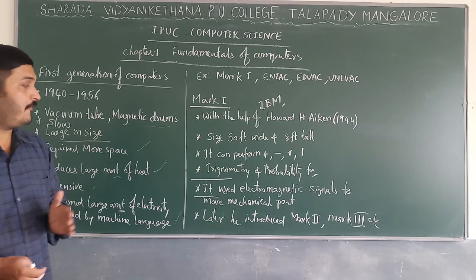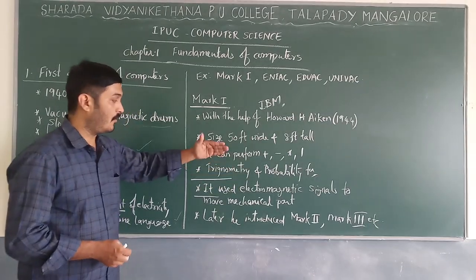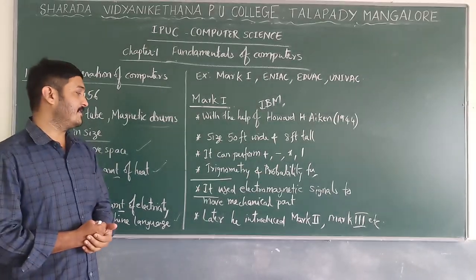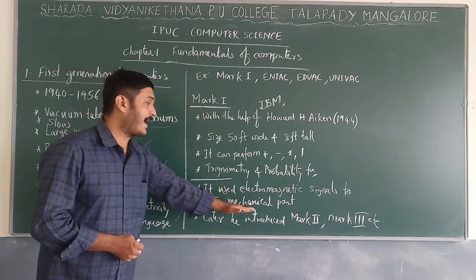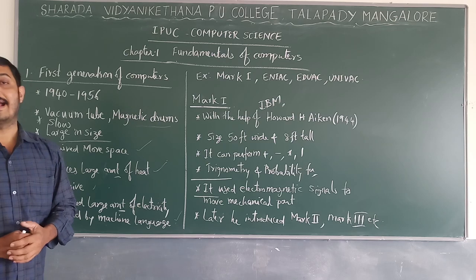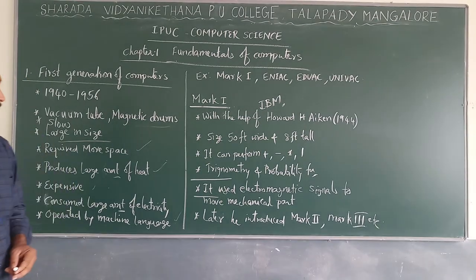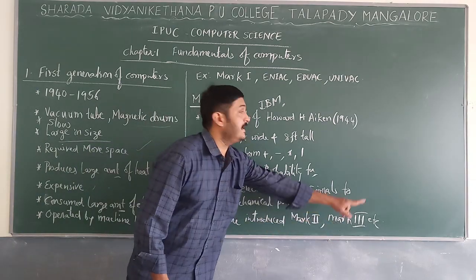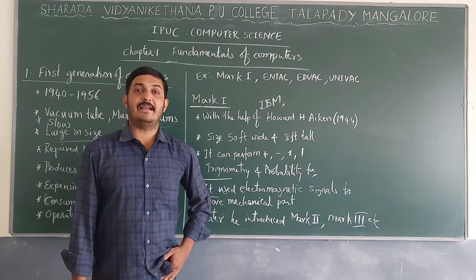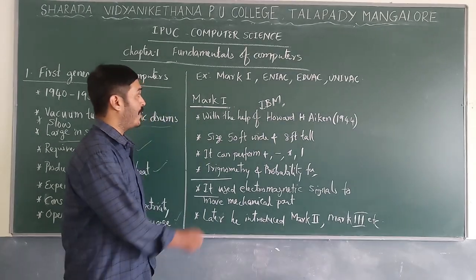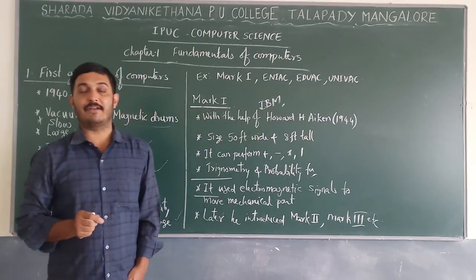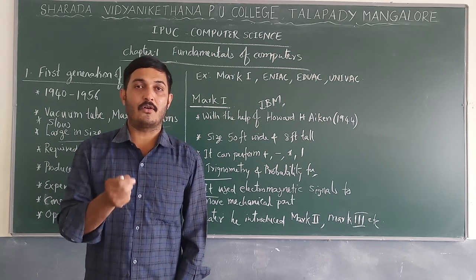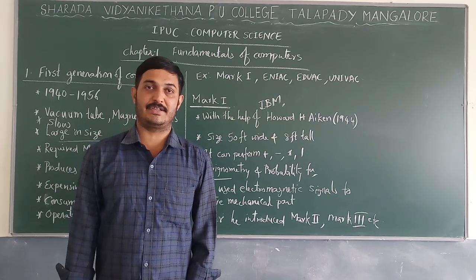It's a combination of electronic and magnetic, or we can say electromagnetic signals, to move mechanical parts. Later he introduced Mark II, Mark III, etc. These are about Mark 1 and it's very important for your examination. You can expect this question, explain Mark 1, for 2 mark or 3 mark questions.